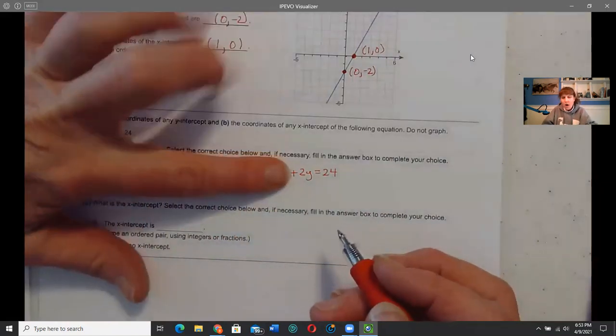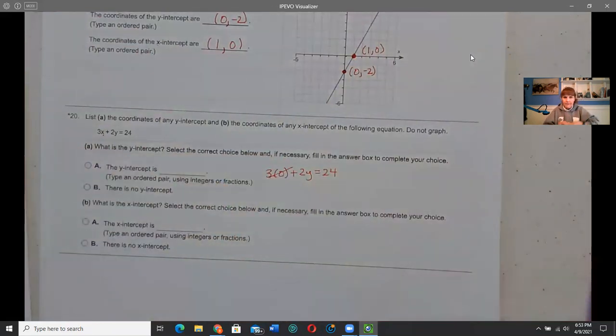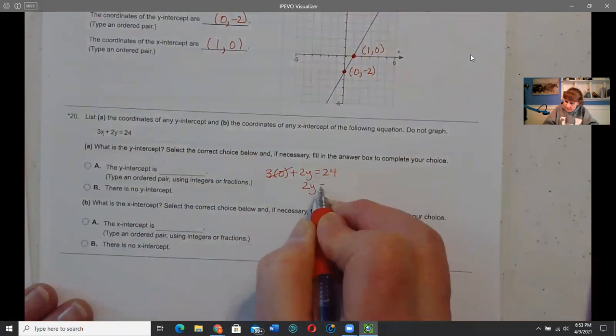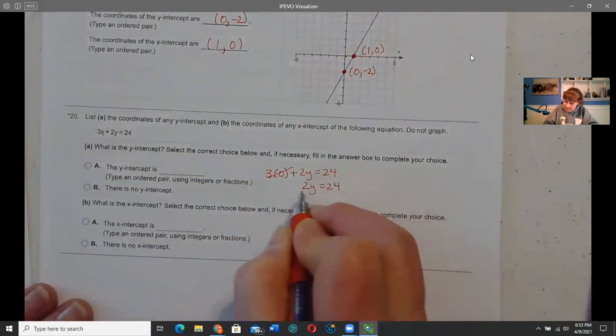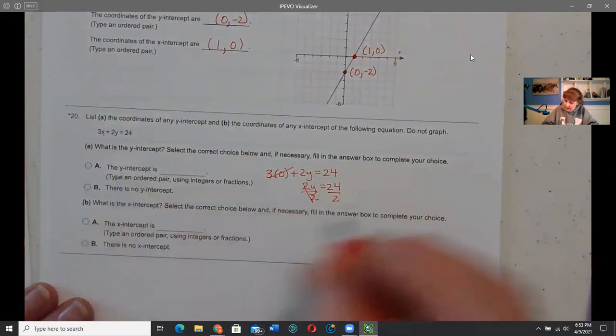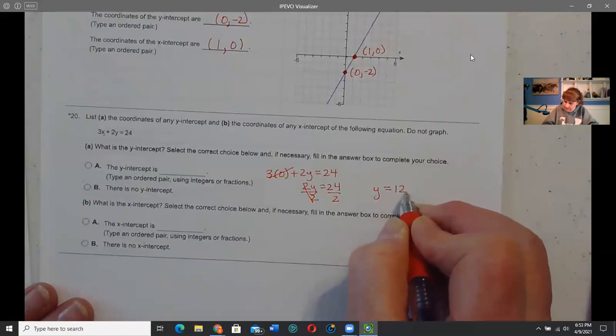In other words, that's gone, right? Because 3 times 0 is 0. So it's gone, which means we need to solve this equation. Divide by 2. So the y-intercept, it hits the y-axis at 12.